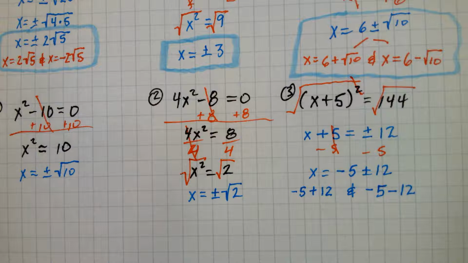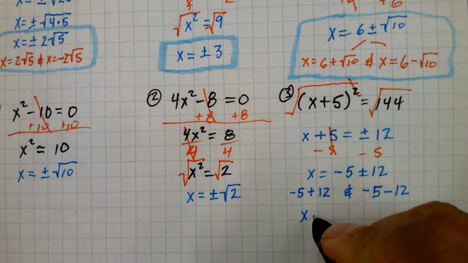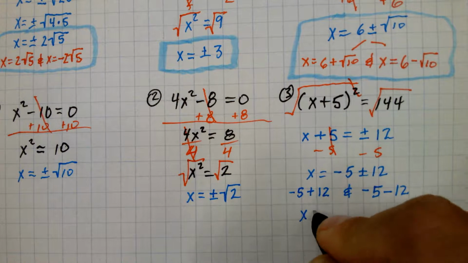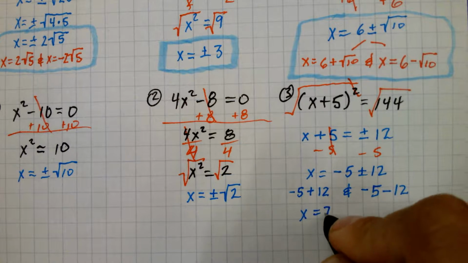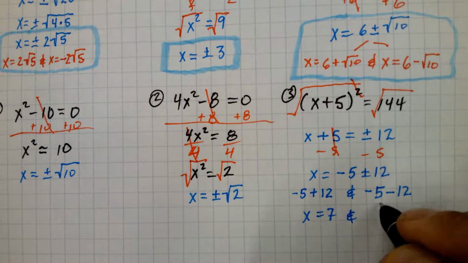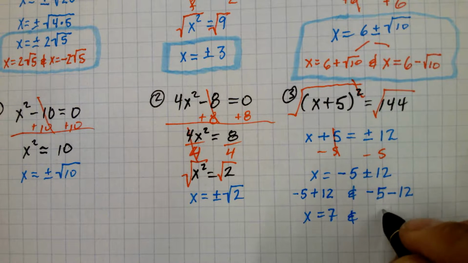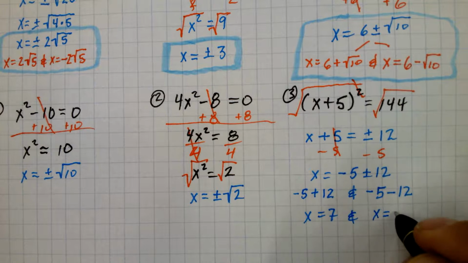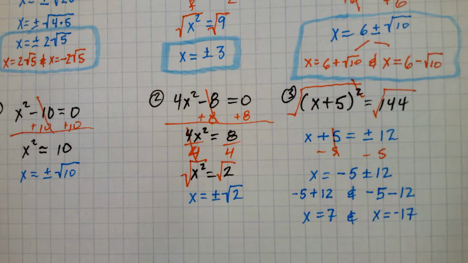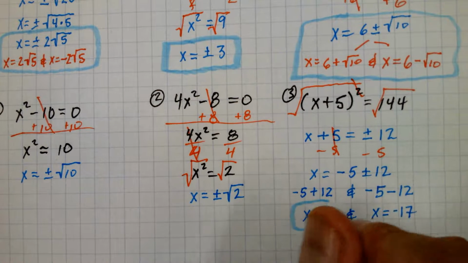If you can go all the way to integer answers, you have to say, okay, negative 5 plus 12, that's 7. And negative 5 minus 12, that's negative 17. So if you can go all the way to actual answers, that's the route we have to go.